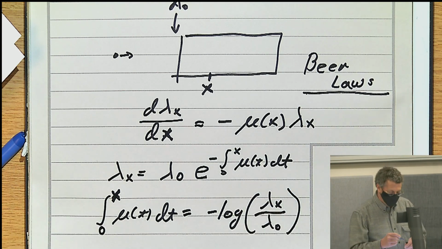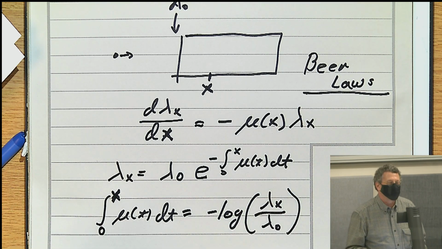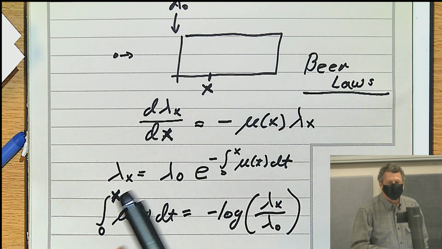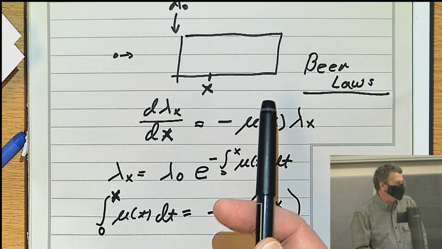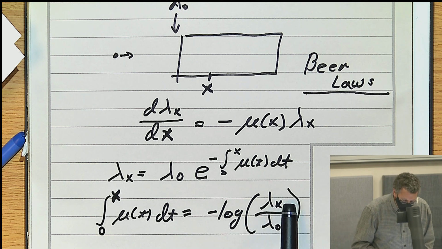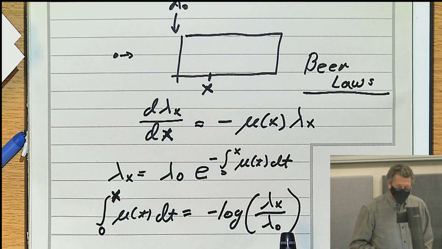Unless somehow, I guess you could have some kind of exotic lasing material that pumped more photons in. But if it's a passive piece of material, it only absorbs photons. It doesn't create them. So lambda x will be less than lambda 0. And then if you take its log, that will be a negative number, right?